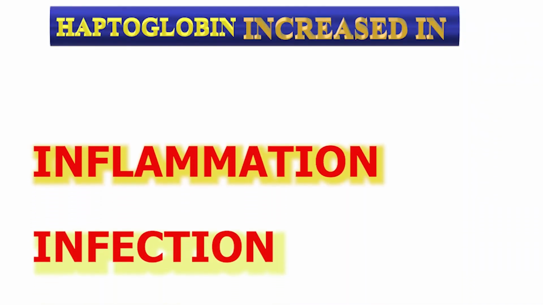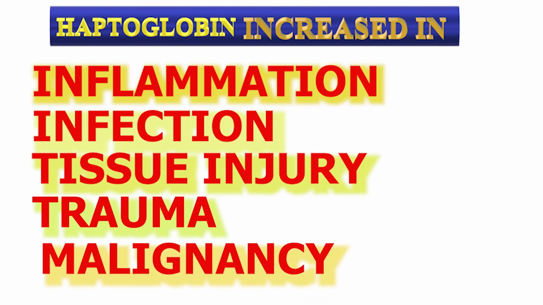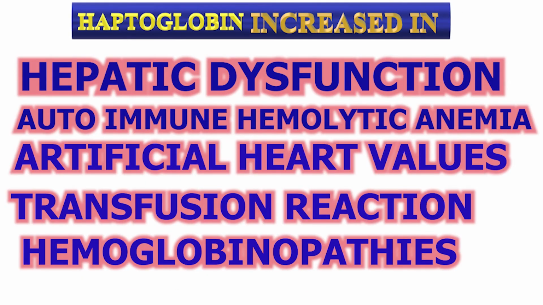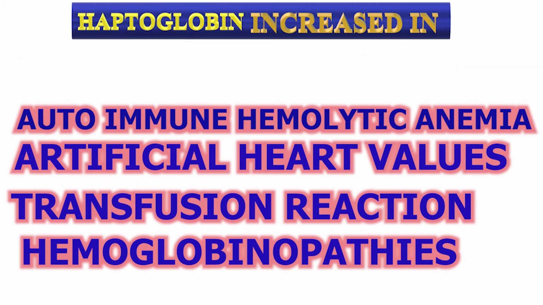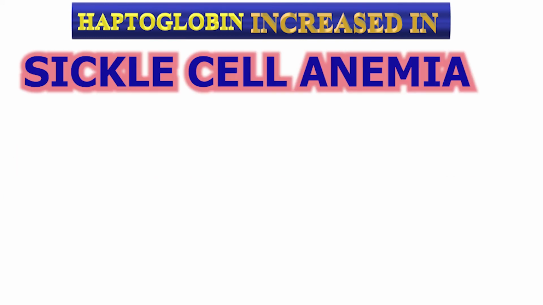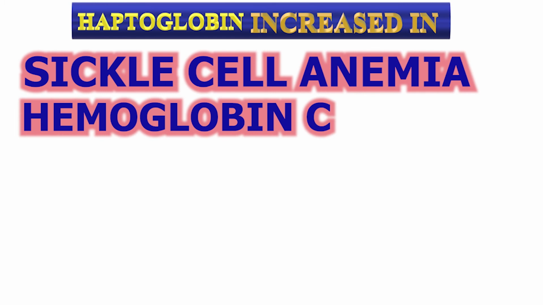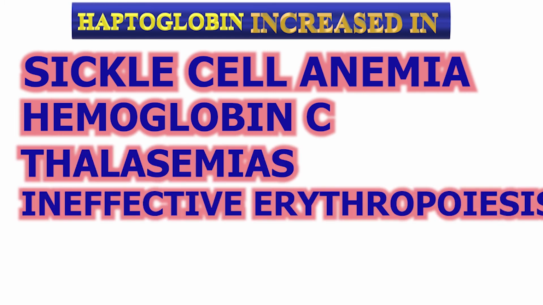Haptoglobin is increased in inflammation, infection, tissue injury, trauma, major depressive episodes, and in malignancy, as it's an acute phase reacting protein. Haptoglobin is decreased in hepatic dysfunction and any cause of hemolysis, including autoimmune, mechanical, that's artificial heart valves, transfusion reactions, hemoglobinopathies, sickle cell anemia, hemoglobin C, and thalassemias.